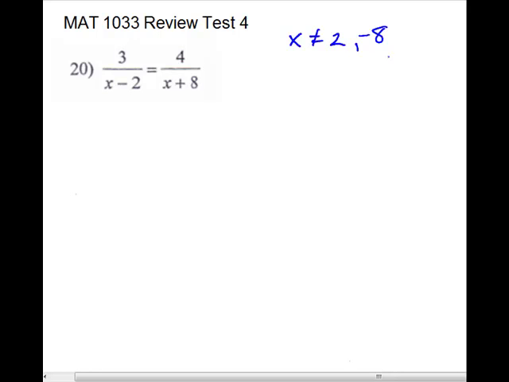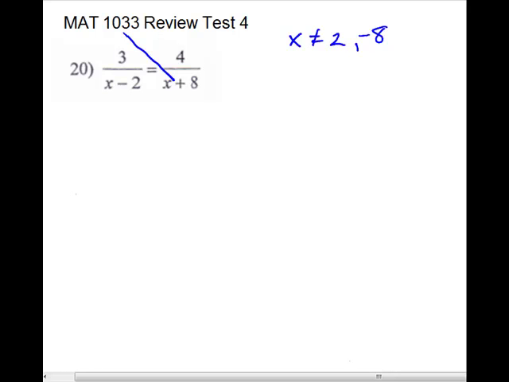For this problem you could either find the LCD, which will be both of those, and multiply by it, or you can do it as a proportion. I will do this one as a proportion so you'll have an example of each. A proportion only has one fraction on each side of the equal sign. When you solve a proportion, you multiply across the equal sign on the diagonal.